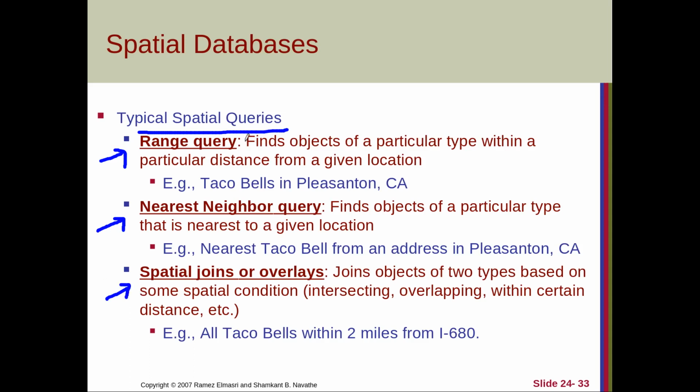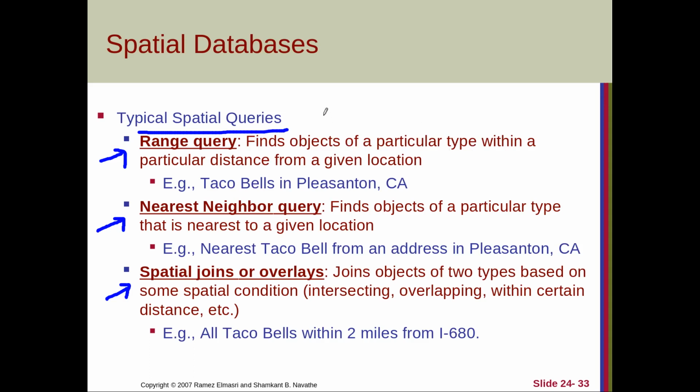So range query, you might know range query. In relational databases also we use range queries to retrieve information between two ranges. So here also we can get some information from the map based on this range query. For example, finding the objects of a particular type within a particular distance from a given location.